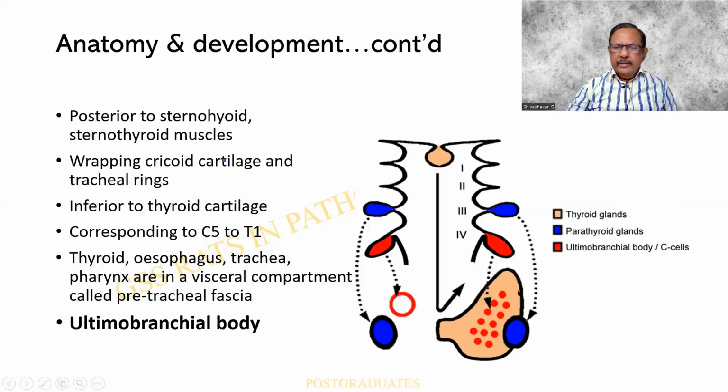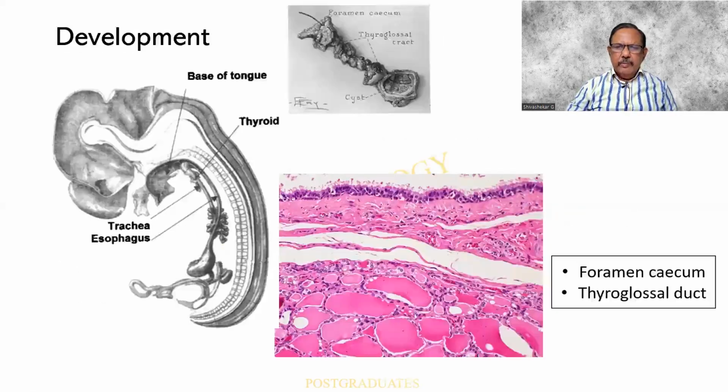And ultimately, this is the developed thyroid that you see. This is the thyroid gland along with the parathyroid gland over here. And these are the C cells or medullary cells. So I would like you to kindly keep this in mind. The ultimobranchial body is responsible for the C cells.